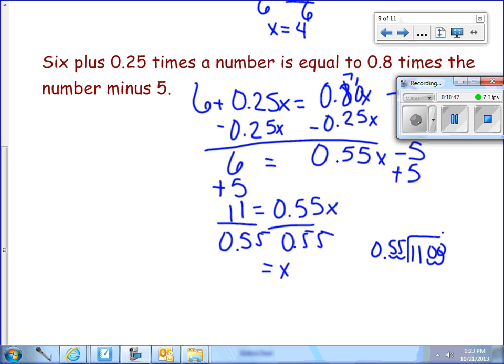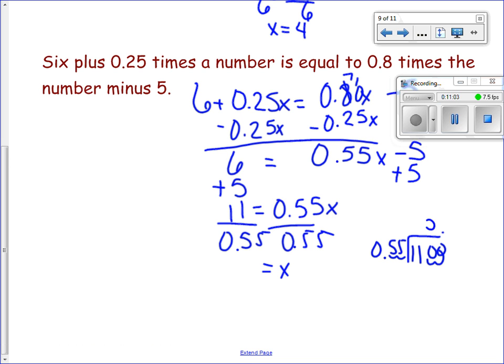So now I'm dividing each side by 0.55. When your divisor is a decimal, you have got to make it be a whole number, as you've been taught before. So you move your decimal over twice here, you move it over twice here. 55 goes into 110 twice, but yet I have another 0 I need to bring down, so the answer is going to be 20.